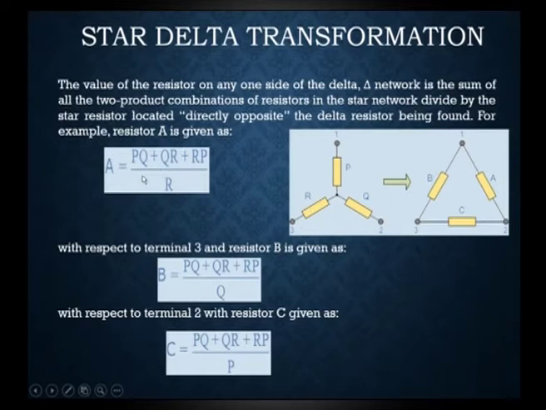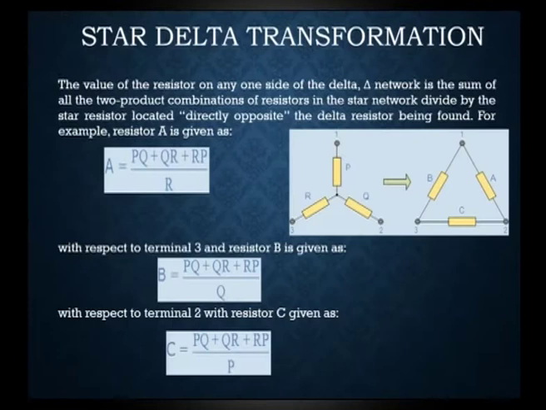So, R is in the denominator, and this is the formula to find the A value for a delta connection. With respect to terminal 3, the resistor B is given by the same numerator, only the denominator will change.